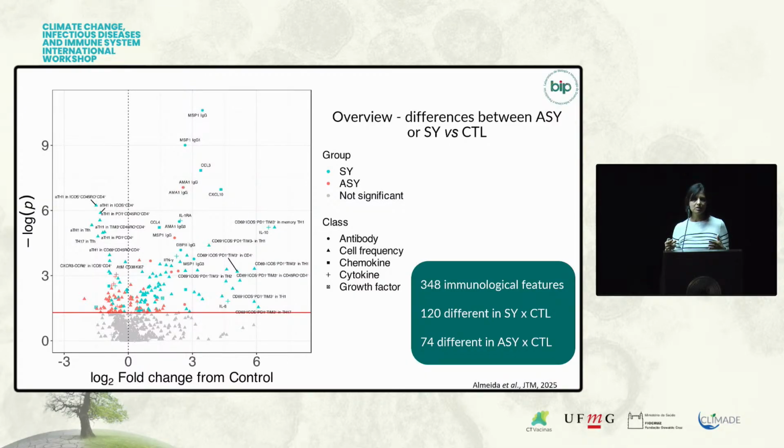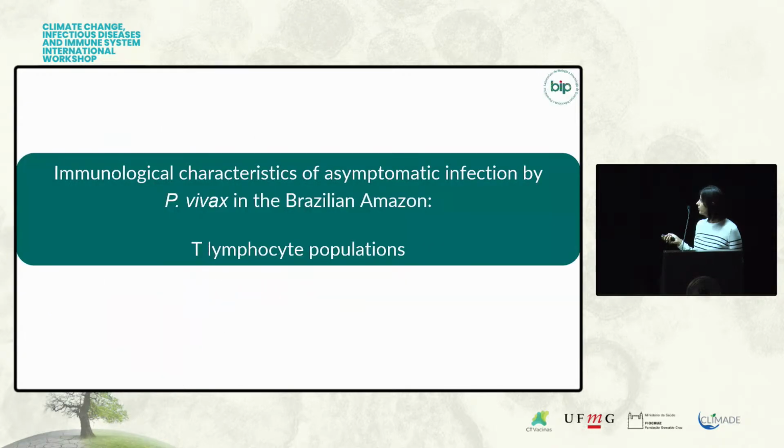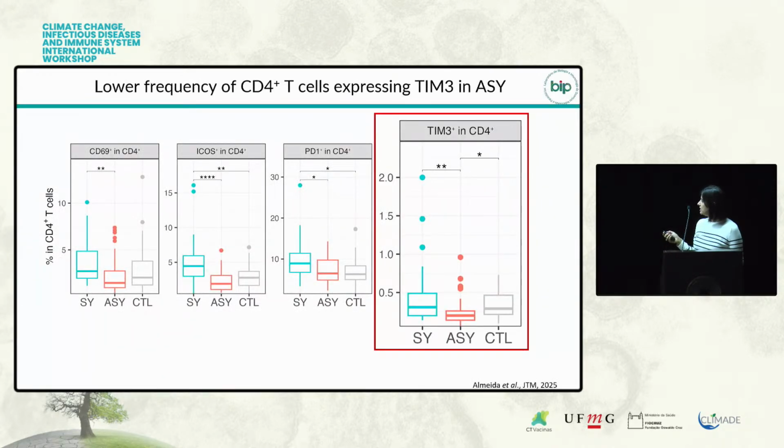And I have to say this is at the protein level. So we looked for antibodies, cell frequencies, cytokines, chemokines, growth factors in symptomatic and asymptomatic. For the sake of time, I'm going to talk about the cell phenotypes, and more particularly about T and B lymphocytes.